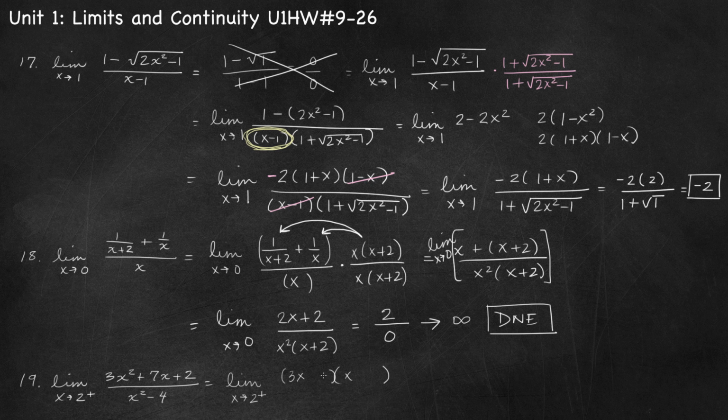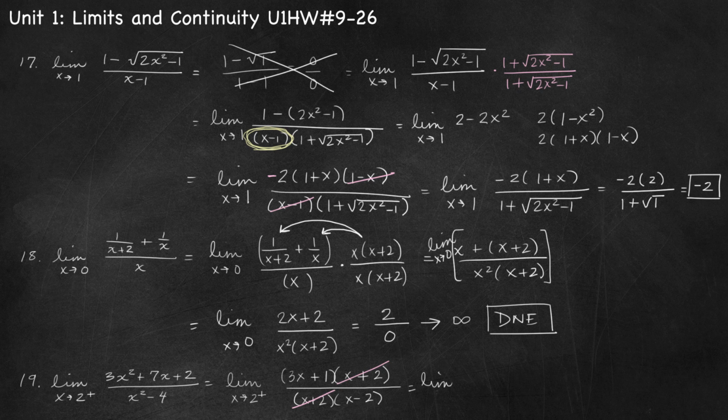We want to get 7 in the middle, so we need to multiply the 2 by the 3, like so. It's positive, positive. And on the bottom, we have the difference of squares. So that's x plus 2 times x minus 2. And we can see that we do have a removable discontinuity. We can cancel out the common factor there and reevaluate our limit.